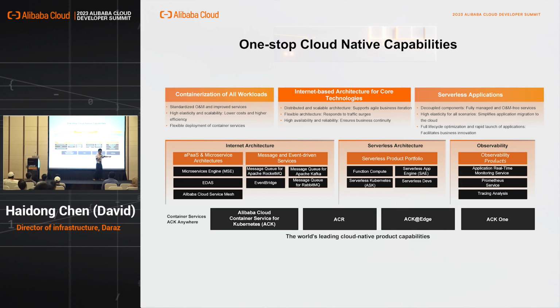And we also have ACK One. ACK One provides you the ability to manage all these infrastructure and multi-environment with just one click on the platform of Alibaba. And this is our base platform, and these are supported via the mid-platform of serverless, of internet architecture, and observability.